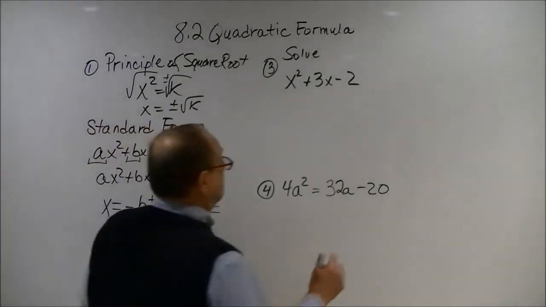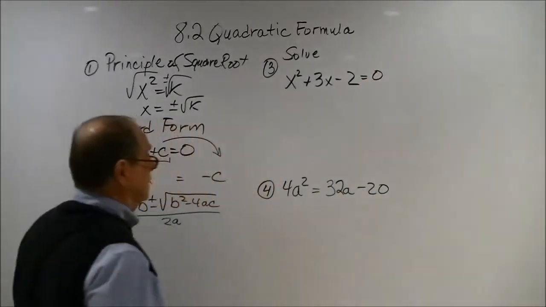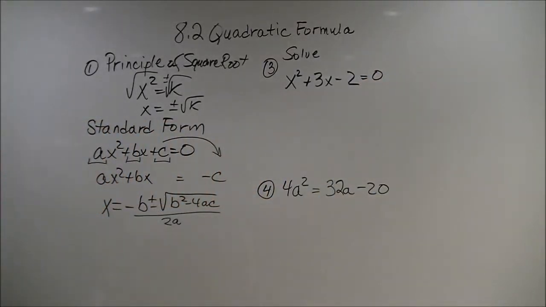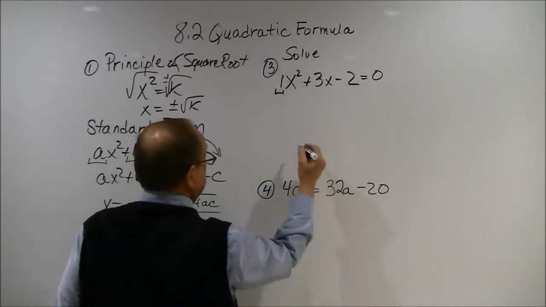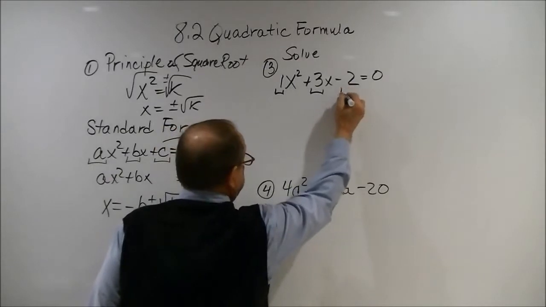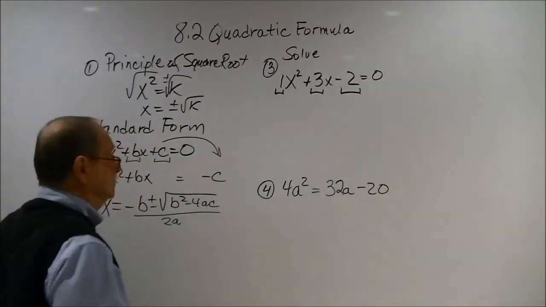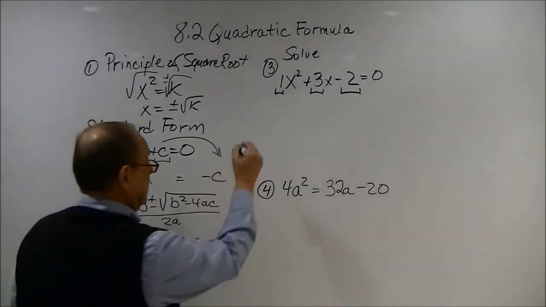So they want us to solve this equation. And again, we have to identify what is A. Well, in this case, A is going to be 1, B is 3, and C is negative 2. So let's start to fill it in.